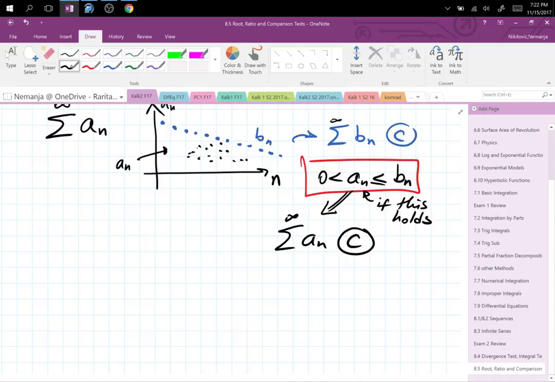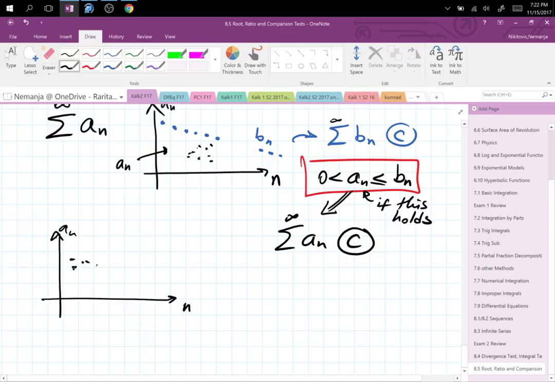And another situation arises where again you have some chaotic an, and you are able to find a nicely behaving, predictable bn whose summation diverges.